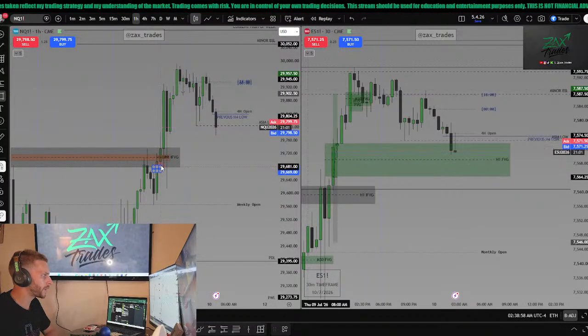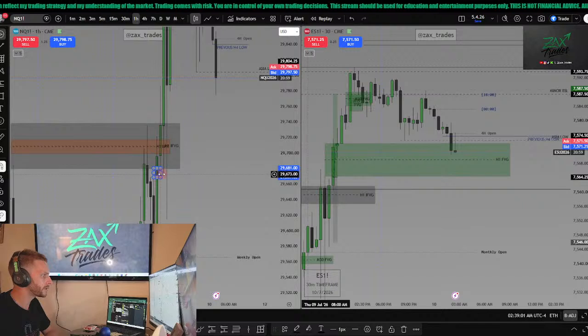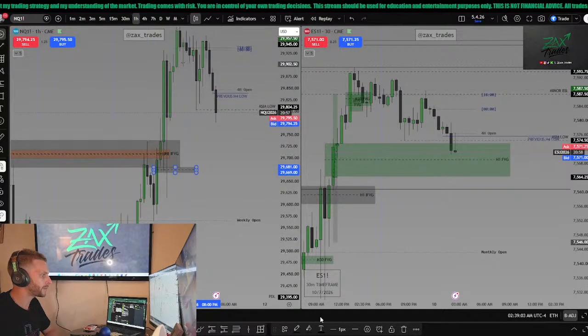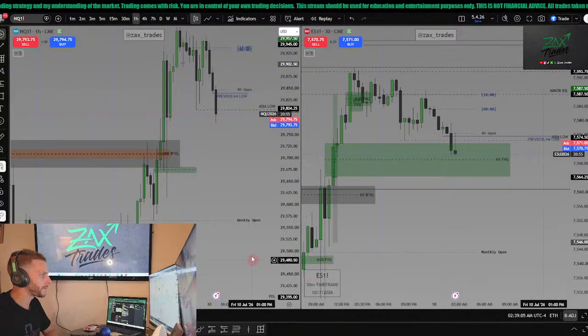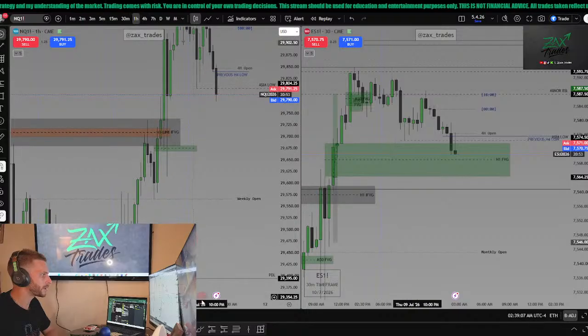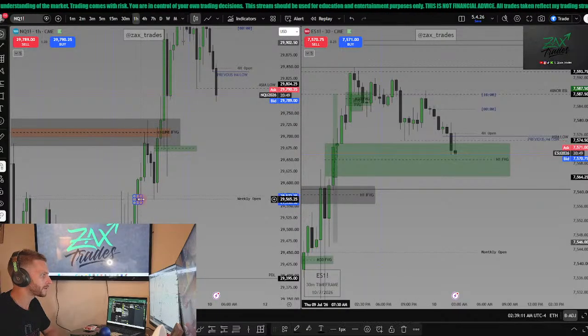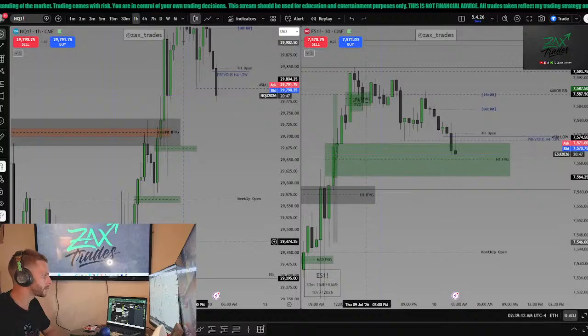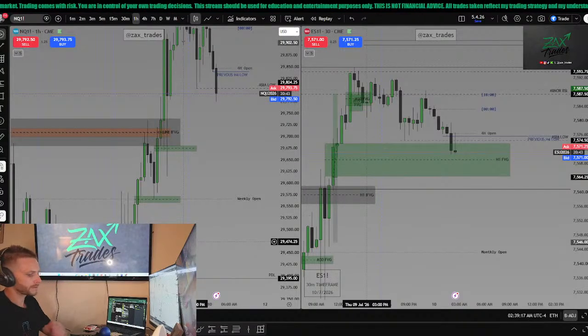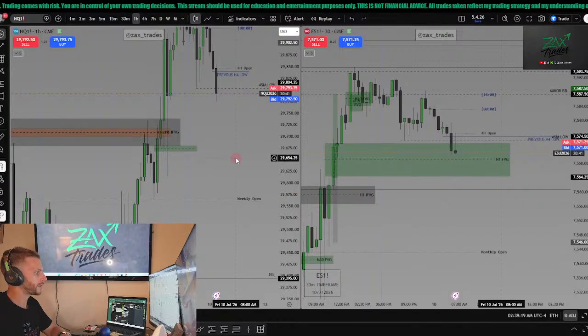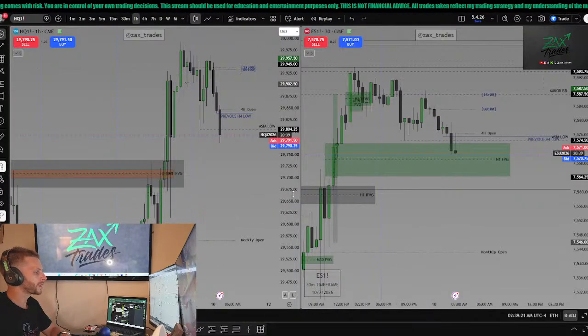I do have some 1 hour fair value gaps here, but that's already been tapped twice there. Got a little one here. Been tapped short? Not yet. I'm open to it though.